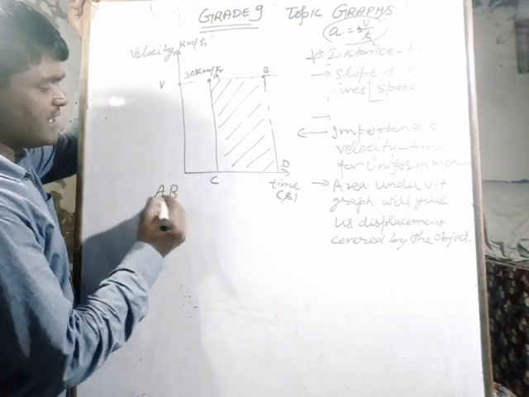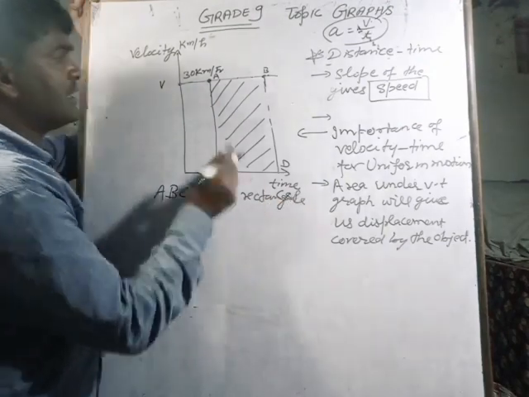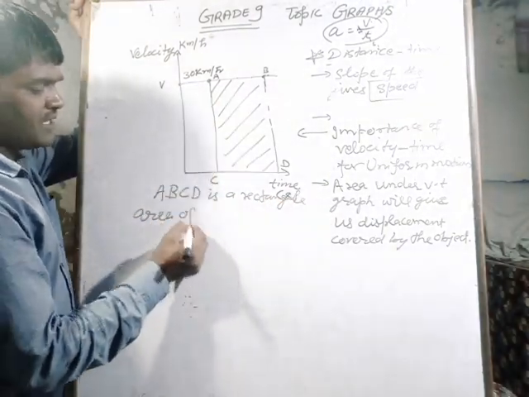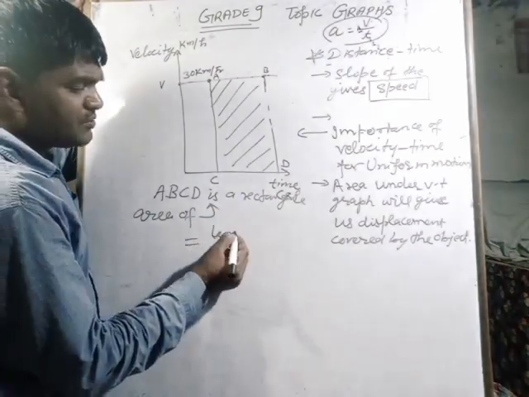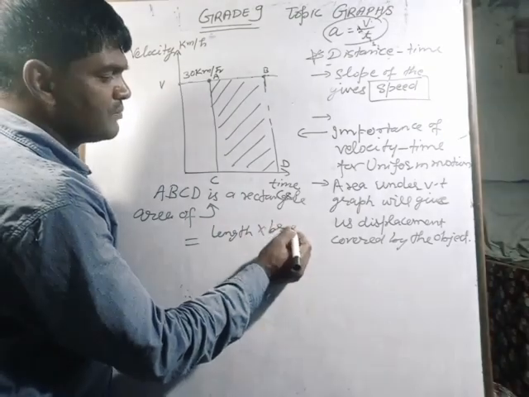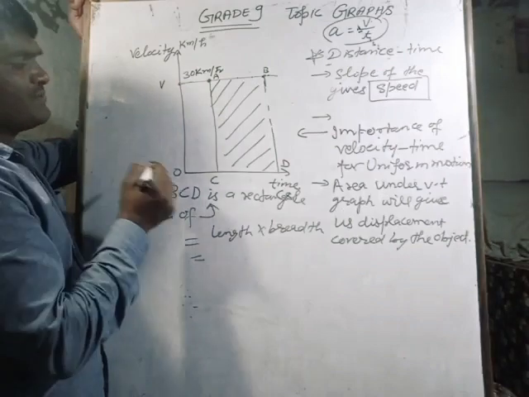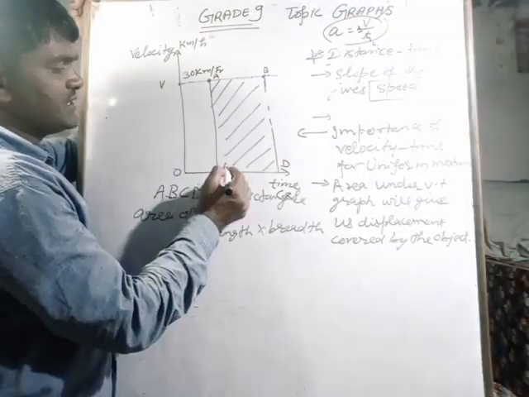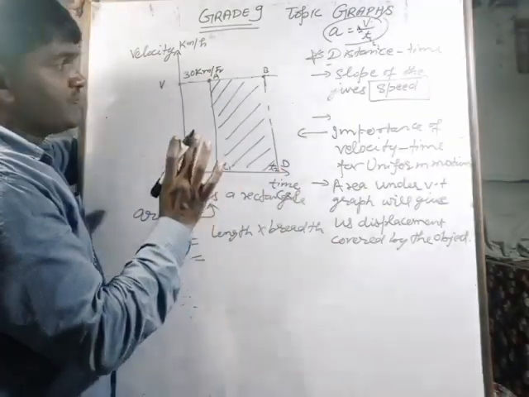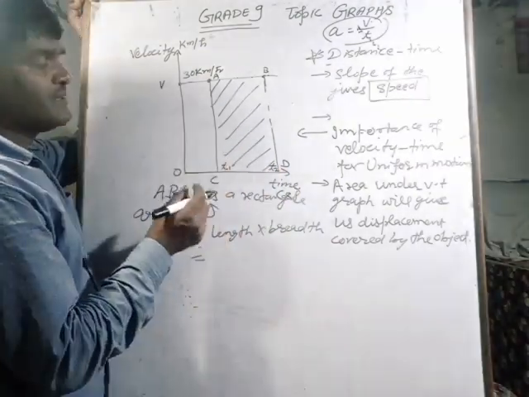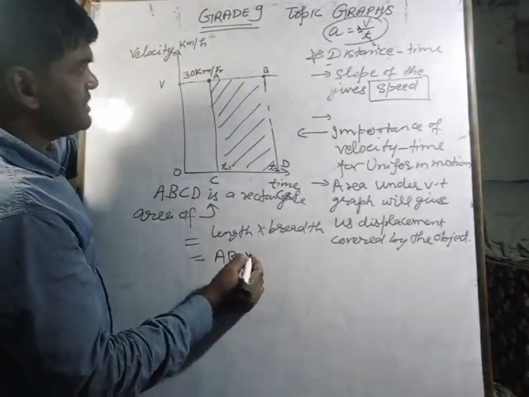ABCD is a rectangle now. So what is the area of a rectangle? Area of rectangle ABCD is given as length into breadth. So if this point was 0, this was V, and let this be T1, here time is T2. So what will be the area? Length into breadth. So length is AB and breadth is AC.